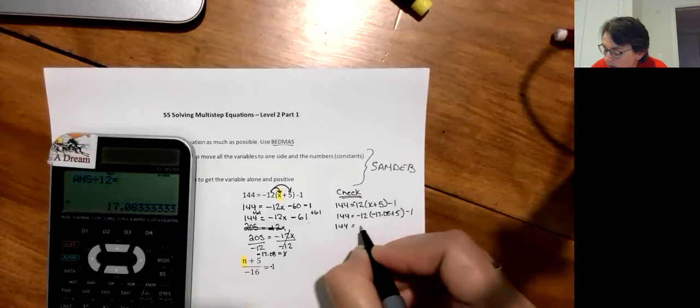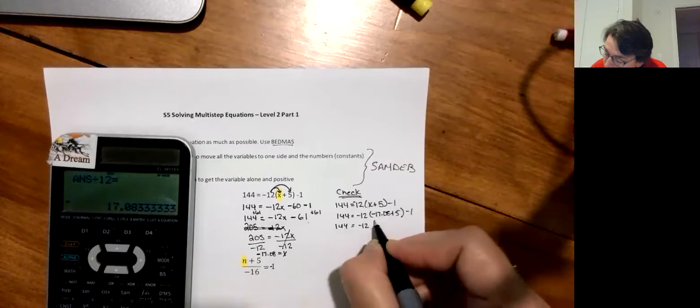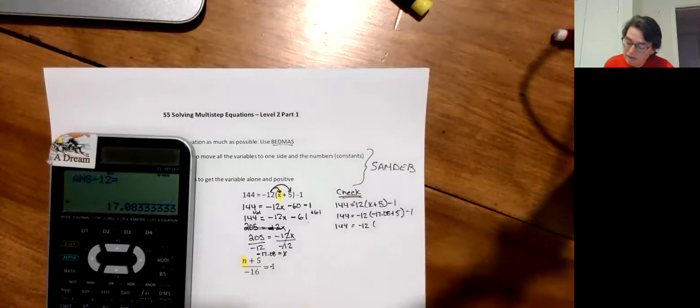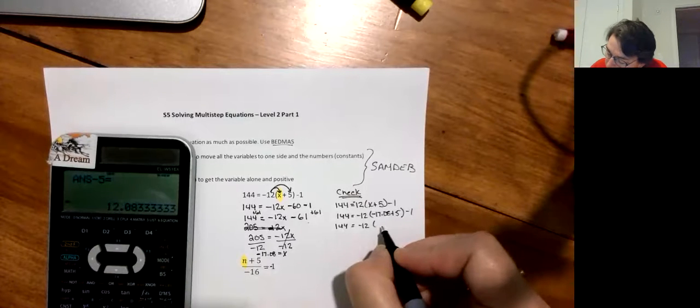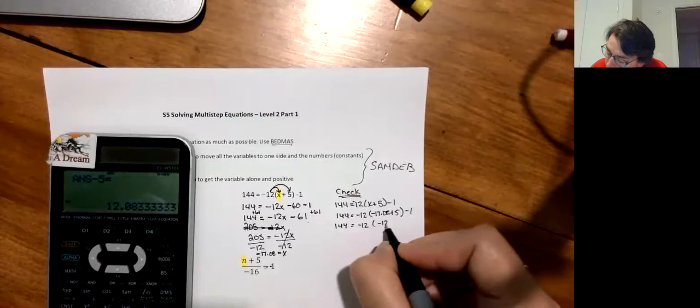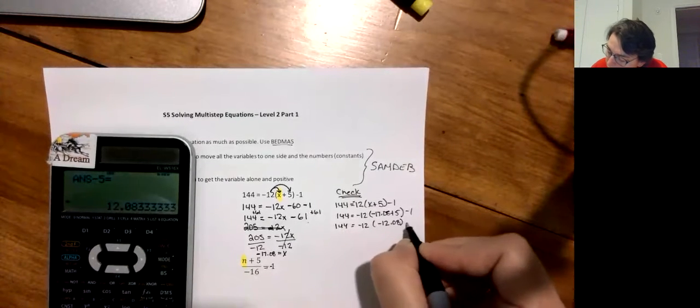Now negative 17.08 plus 5 is negative 12.08, minus 1.